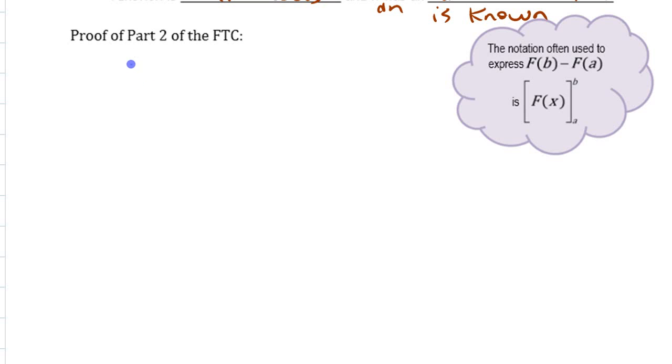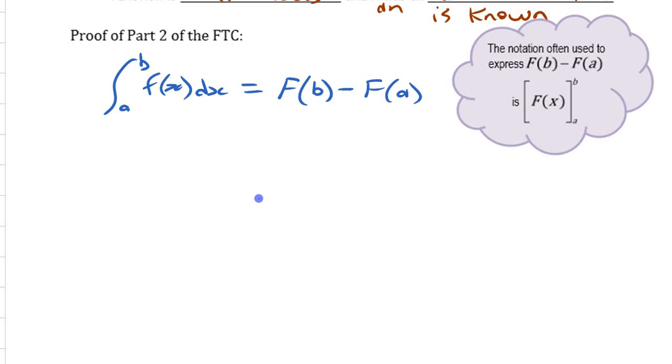So as far as the proof for this, even though maybe you won't learn too much out of doing it, you're trying to show that the integral from a to b of f, using the same notation as we have here, is f of b minus f of a. Now we already looked at this graphically when you have antiderivatives, right?